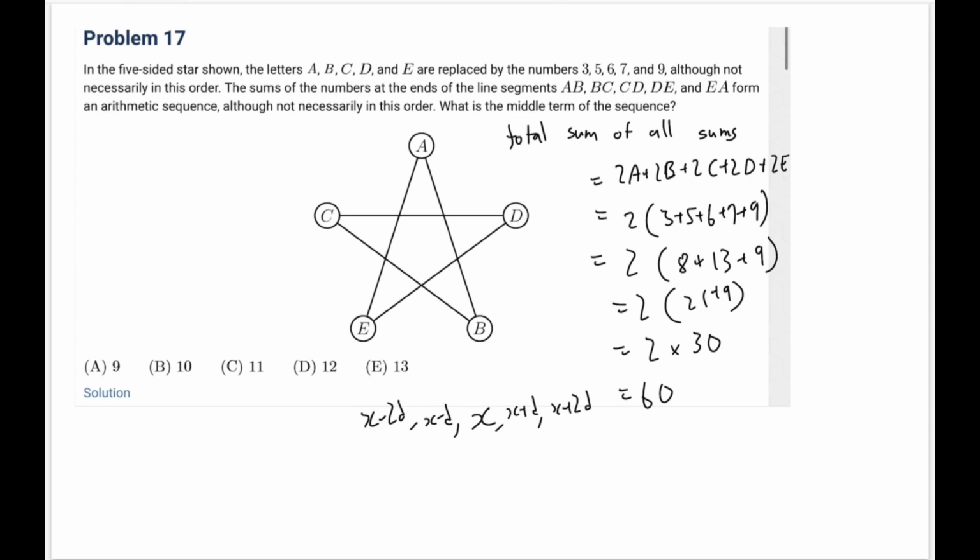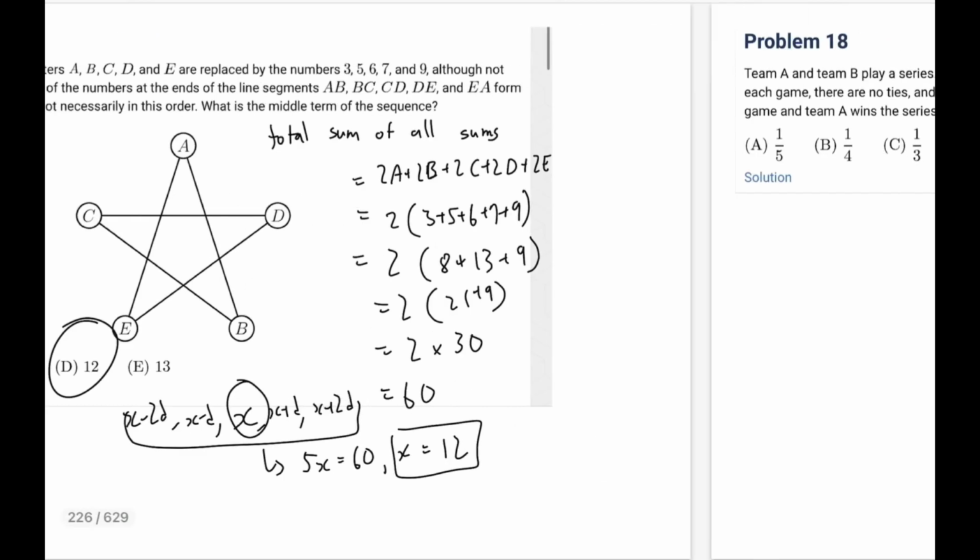And so the sum of all these will be 60. So that means 5x is equal to 60, so x would equal 12, right? And so the middle term of the sequence is x. What we want is x, that is 12. The answer is D.